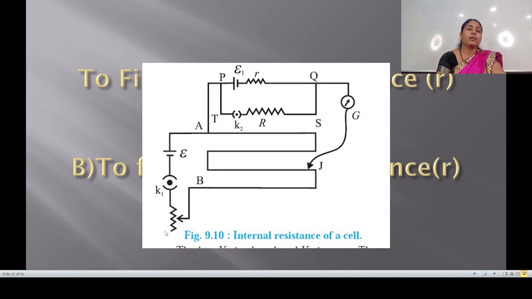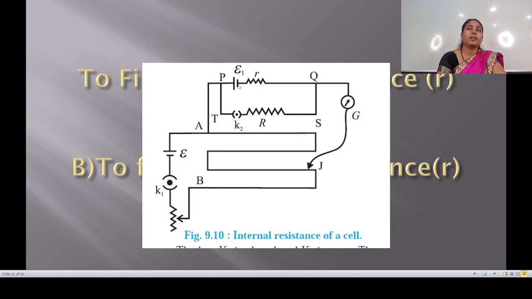The other fixed terminal of the rheostat is floating, and the variable terminal is connected to the point B, and the whole wire is connected to point A. Here P, Q, S and T are the four points of the quadrilateral.